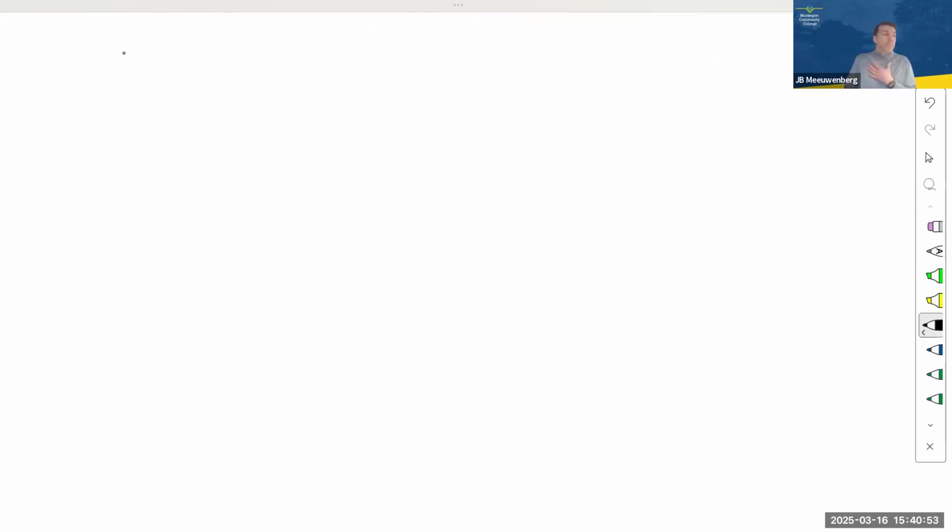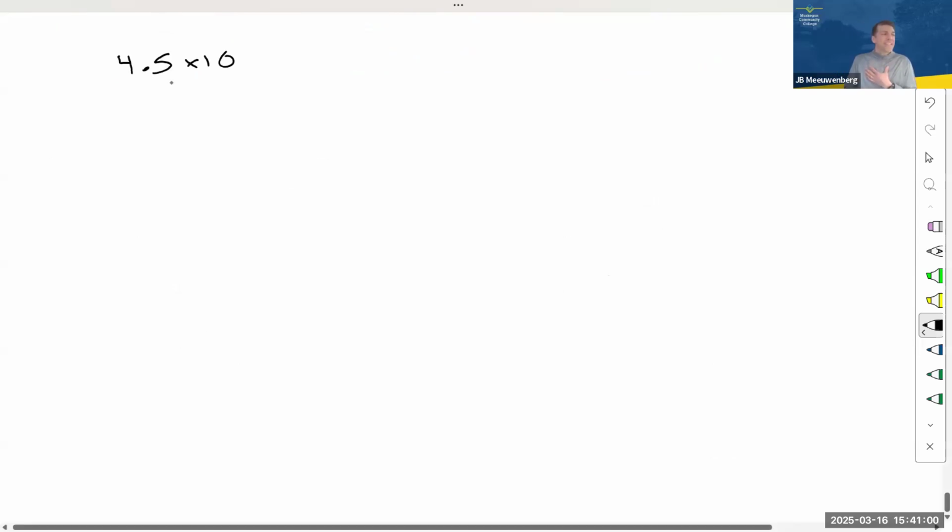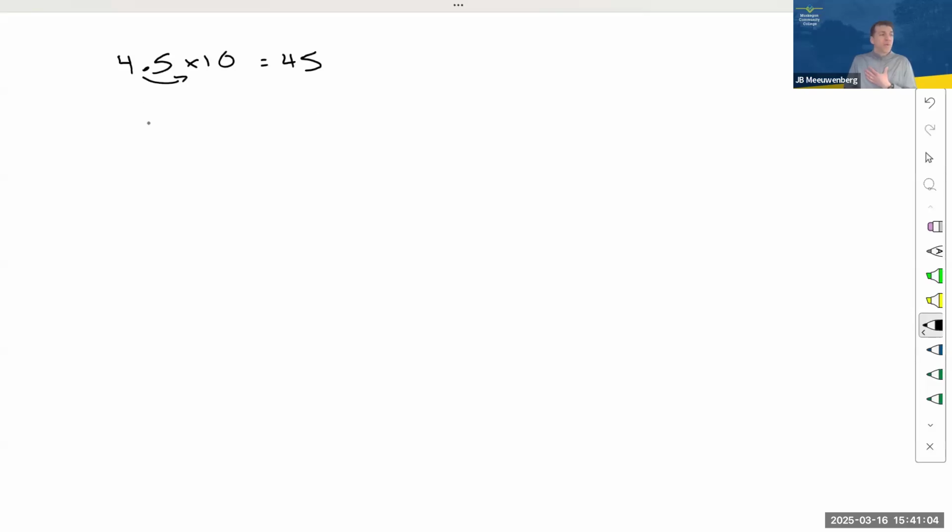When we multiplied 4.5 times 10, we shifted that decimal one spot to the right, 45. So when we divide by powers of 10, we're going to shift that decimal one spot back to the left for every power of 10: 0.45. But it is crucial that we understand why, of course.